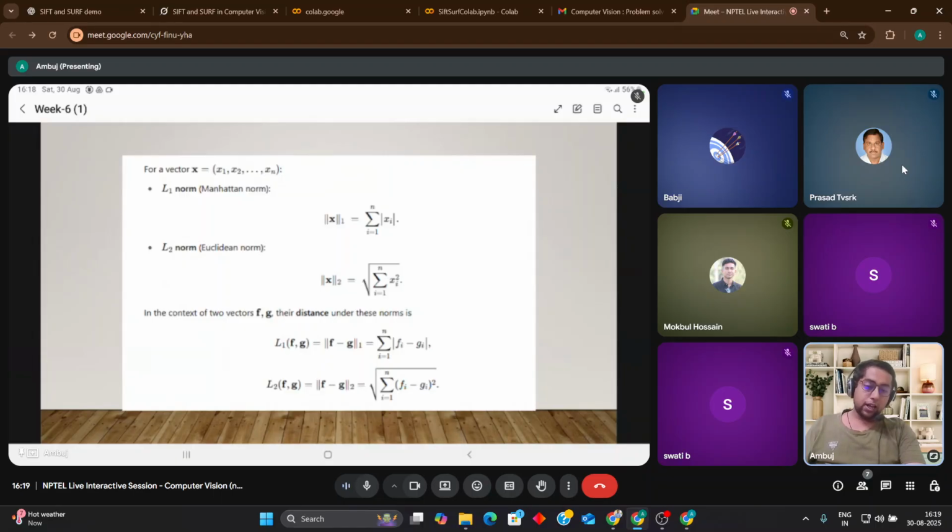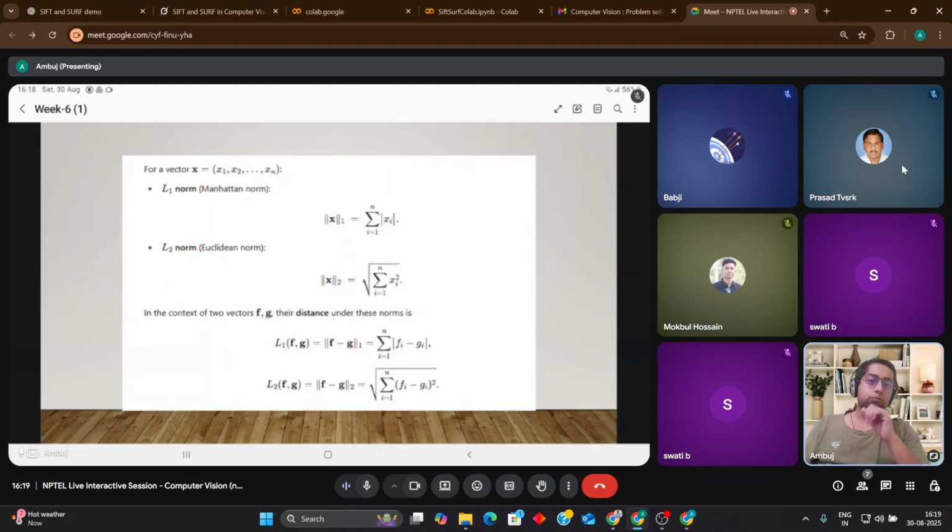Then the L1 norm is the sum of all these values, which will be 10. And then, having calculated d, another term will be calculated, which is d square. So the sum of squares of these values, then you take the square root, that would be 5.29.